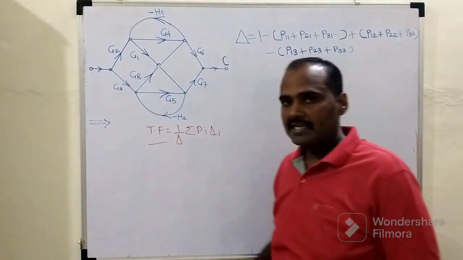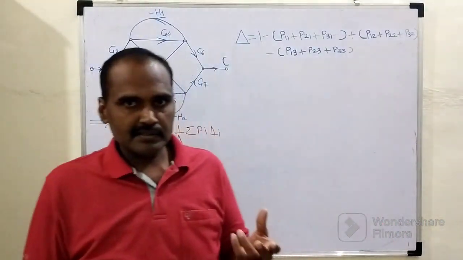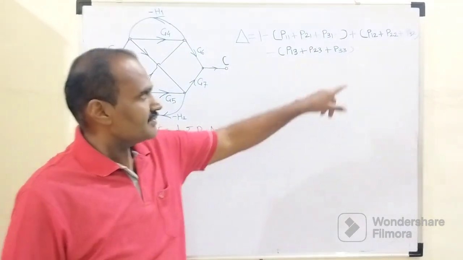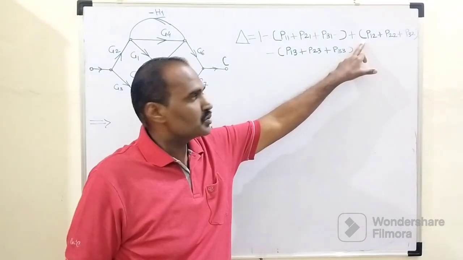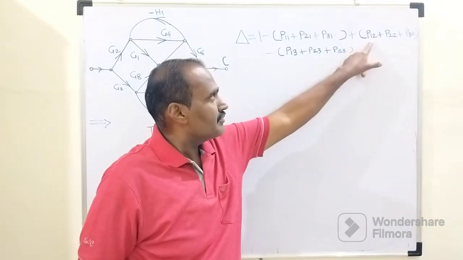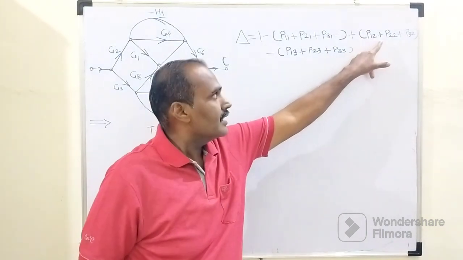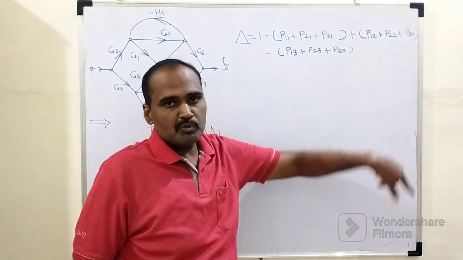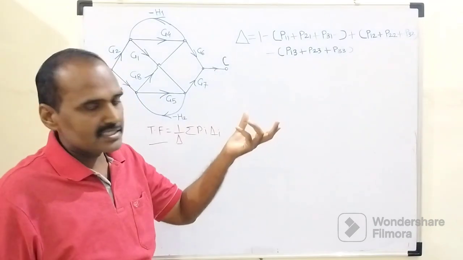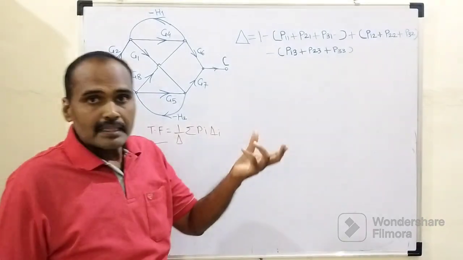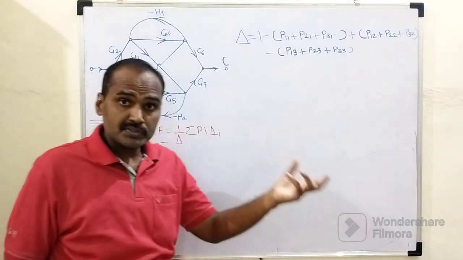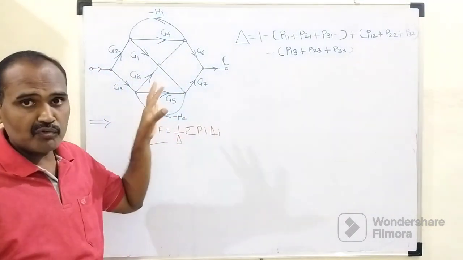Now as far as the second parenthesis is concerned, once we have tabulated how many individual loops we have, P12 is the gain product of the first two non-touching loops, and P22 is the gain product of the second two non-touching loops. Within the second parenthesis we are supposed to add the gain products of two different non-touching loops present within this signal flow graph.